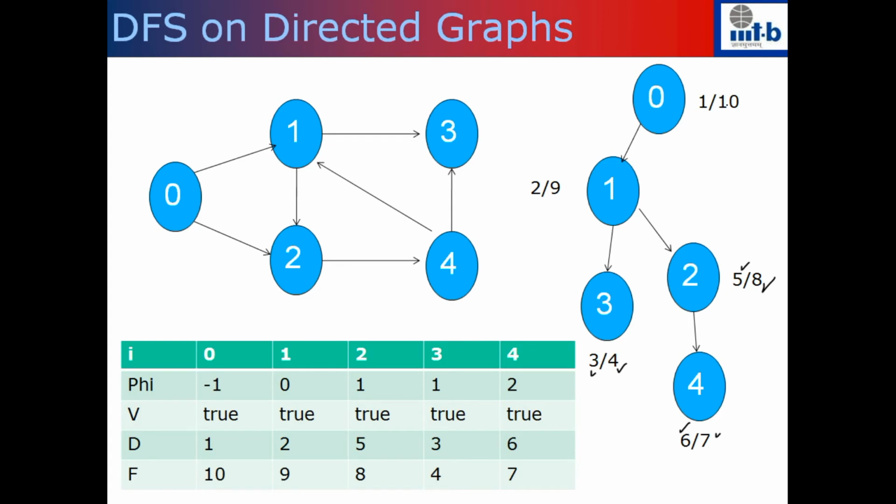So if one interval is inside the other one, that means that one is the ancestor of the other one. If this is U and this is V, then the interval corresponding to V is sitting inside the interval corresponding to U. So U has to be an ancestor of V in the DFS tree.